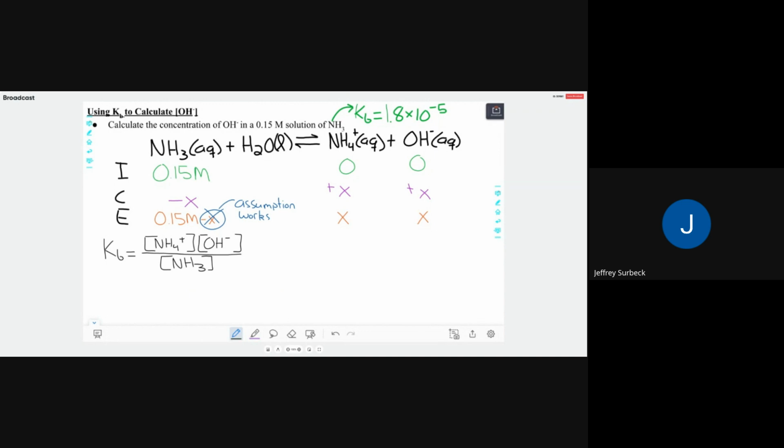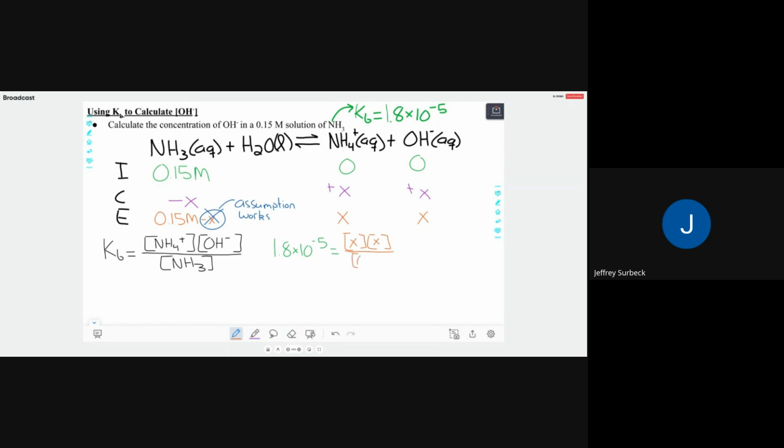Out in front, our Kb value is exactly what is from our particular chart there. And so we would have 1.8 times 10 to the negative fifth equal to X times X all divided by just 0.15 molar.